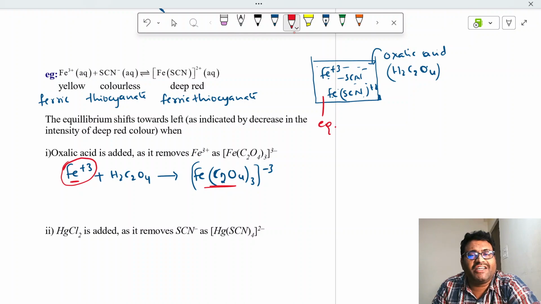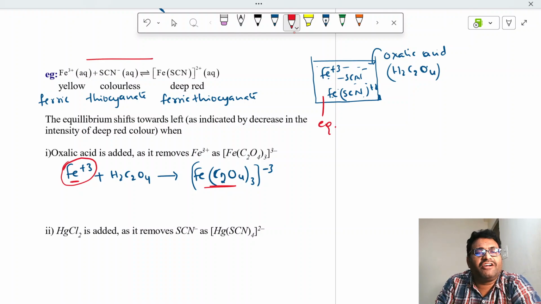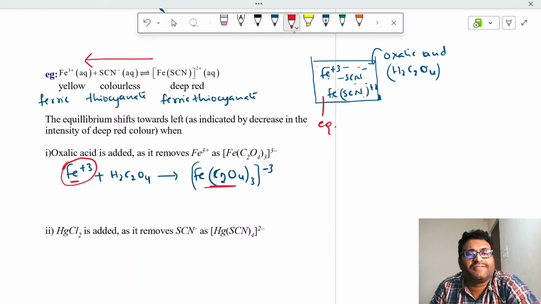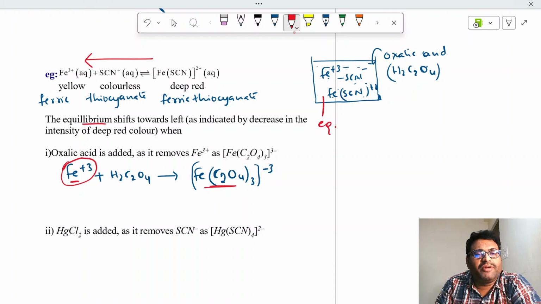So Fe+3 is decreased, that means reactant is decreased. When the reactant is decreased, what happens? To replace that decreased reactant, the product has to dissociate and convert into reactant. That means net what happens?